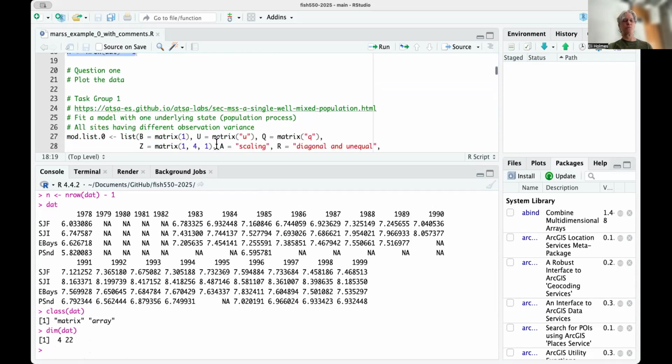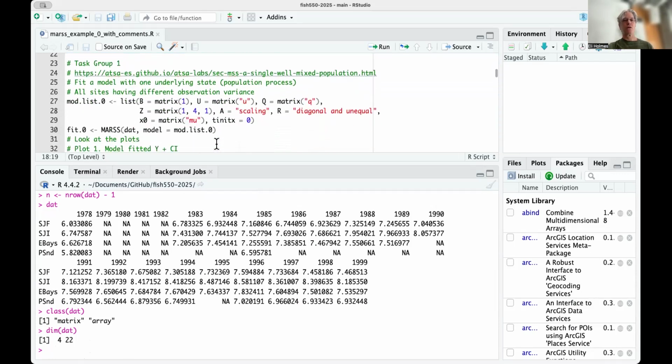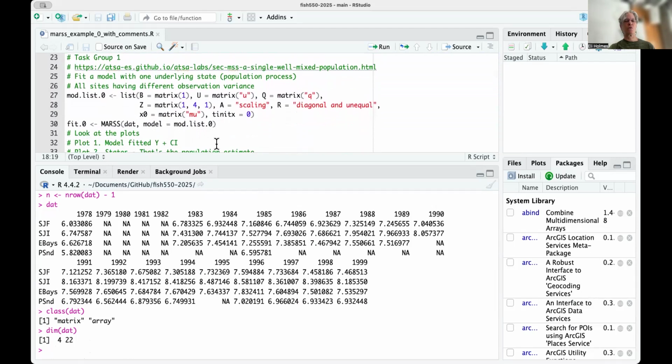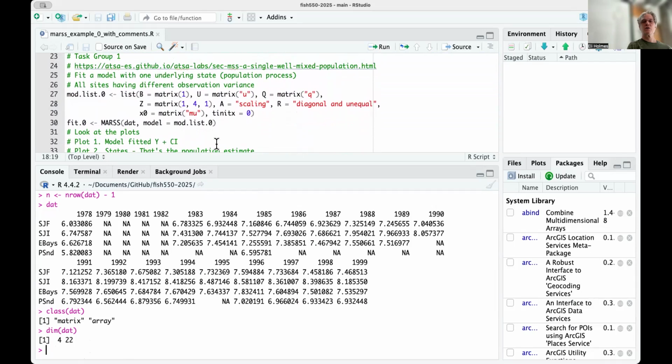We're not going to do plotting the data. We are going to first fit a model with one underlying state. So one population process. All sites have a different observation variance. So they're all observing this one state.